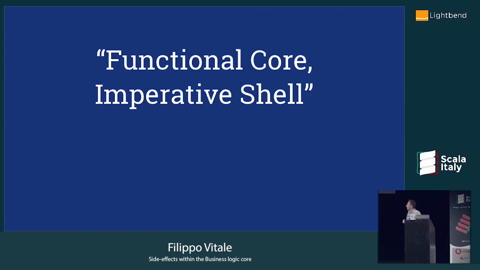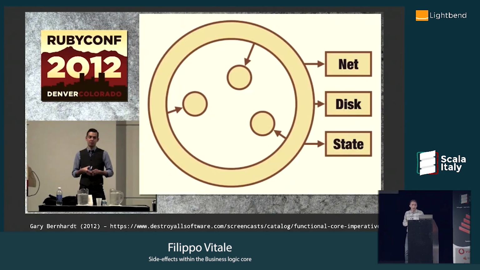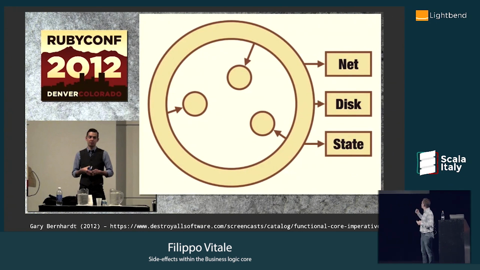That is why I would like to show you one approach. There are many approaches, but there's one that I've seen in the Python world a few years ago. It's called functional core, imperative shell. Gary is the guy that brought up this thing, mentioning the fact that there is a big circle.